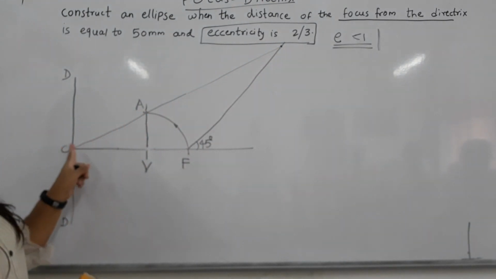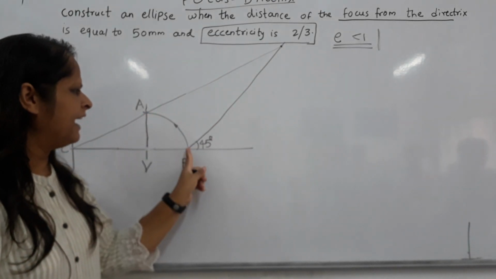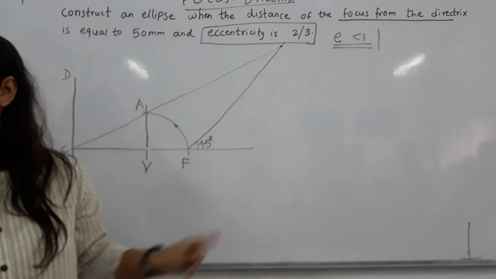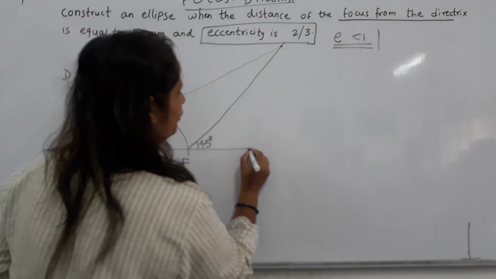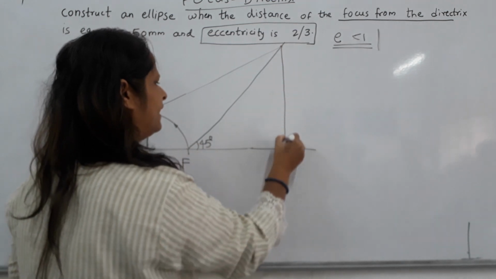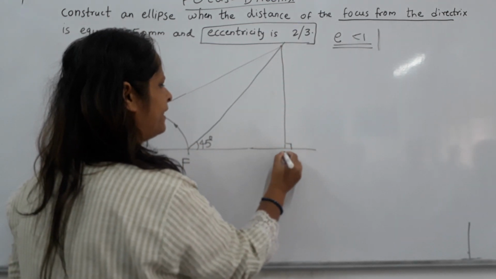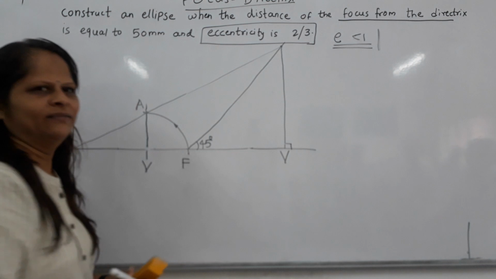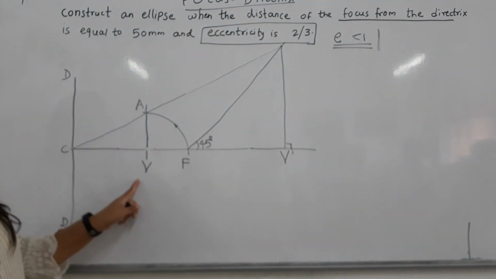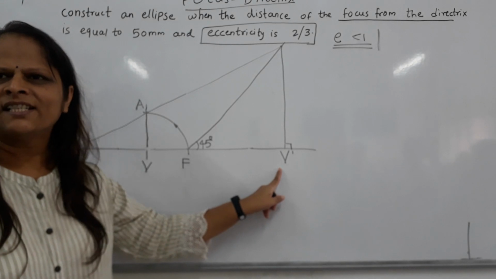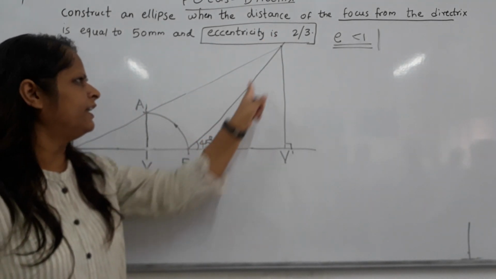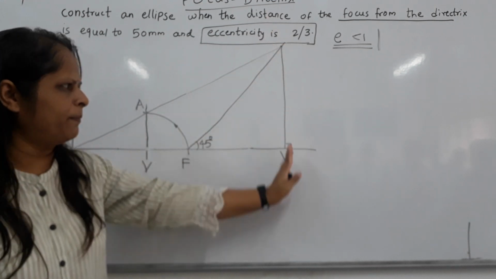A line passing from C to A and a line which we have drawn at an angle of 45 degrees to F. From this point of intersection we will draw a perpendicular to this line, and this is the second V. You can also mention it as V dash, not an issue. Have we got the second vertex? C to A extended and 45 degrees from F, and draw the perpendicular.